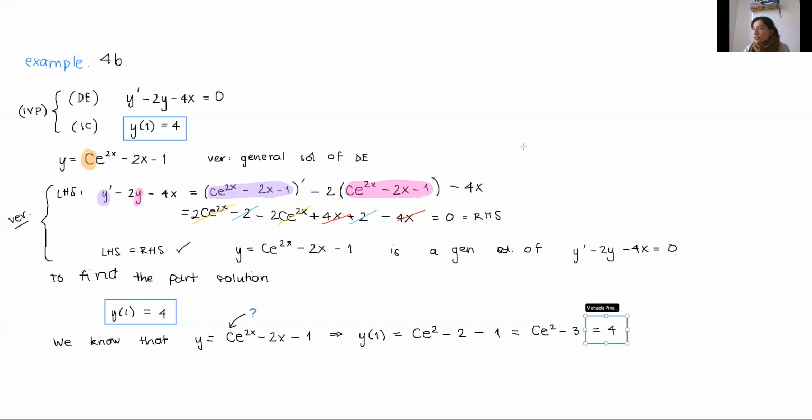And so now what I'm going to do is solve for the value of c. So now, by adding 3 on both sides, I have that c times e to the 2 is going to be equal to 7, right? So 3 plus 4, which means that the constant c is going to be equal to 7 over e squared, which is the same as 7 times e to the negative 2.